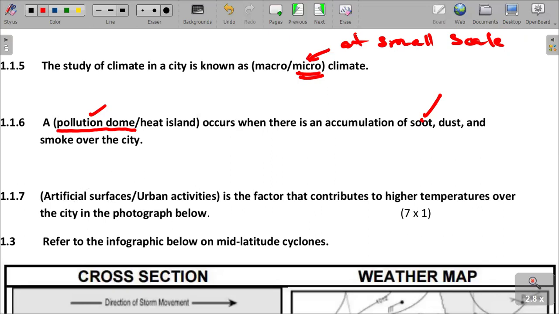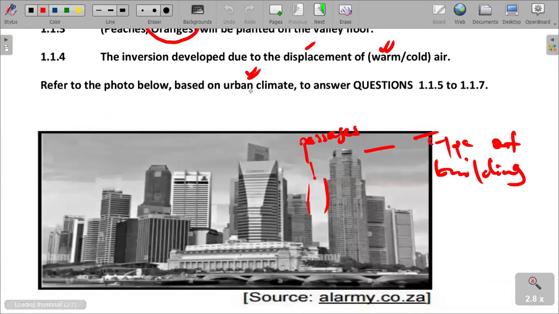And then, whereas artificial surfaces or urban activities is the factor that contributes to higher temperatures over the city in the photograph. What is the factor that contributes to higher temperatures over the city? We cannot really talk about urban activities increasing. We need to talk about artificial substances.